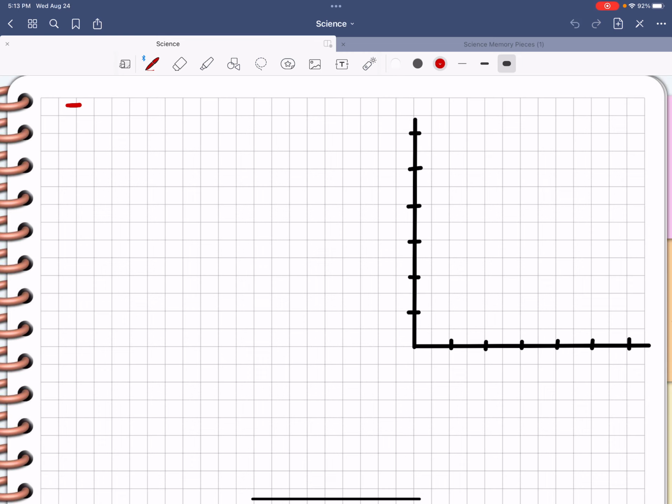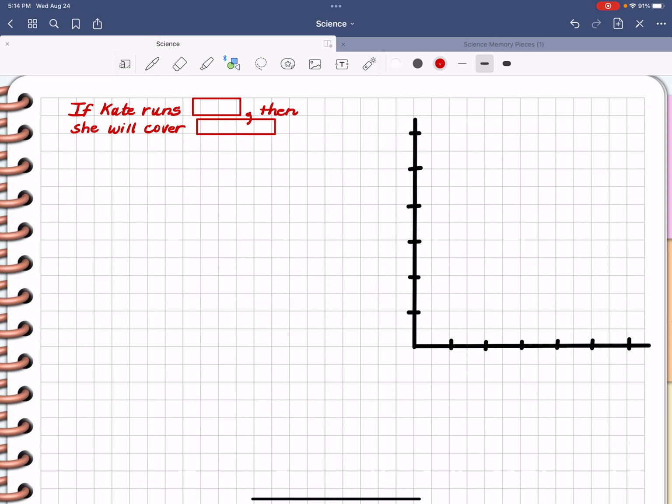If Kate runs 1 hour, and this is where I would put a box. If Kate runs blank, comma, then she will cover blank.